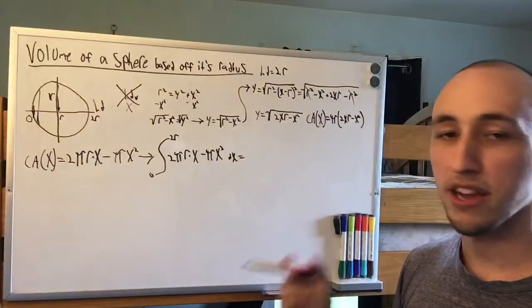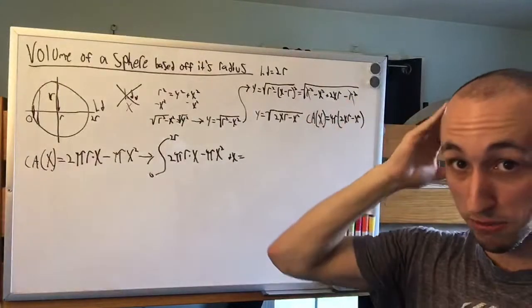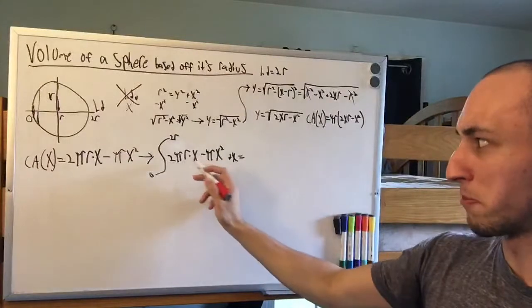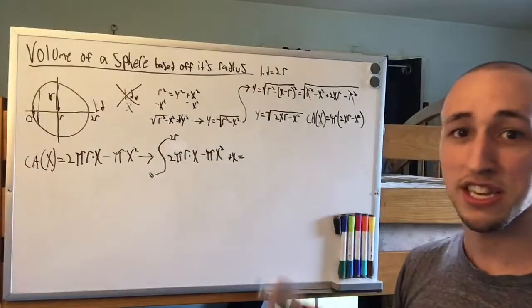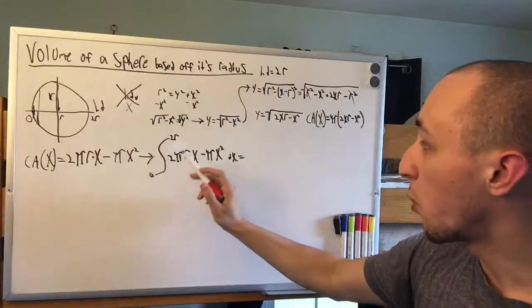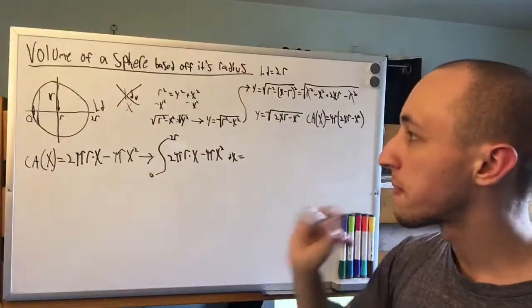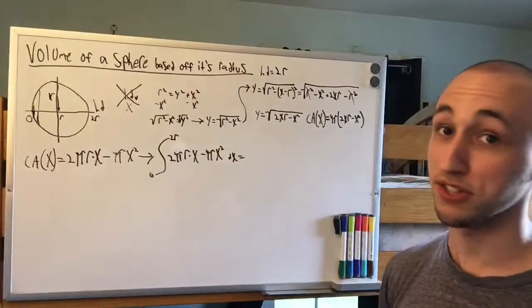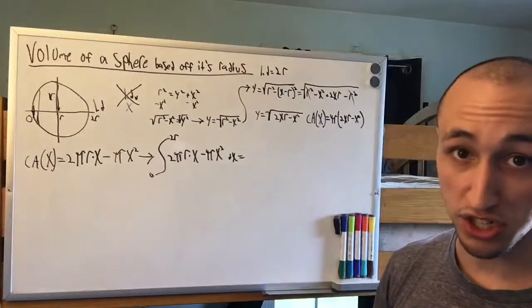How do we do that? You're probably freaking out. Oh my god, look at all those variables. Are we going to have to use some sort of fancy integration technique? No. Because with respect to x, r does not change. With respect to x, pi certainly doesn't change. And with respect to x, 2 does not change.